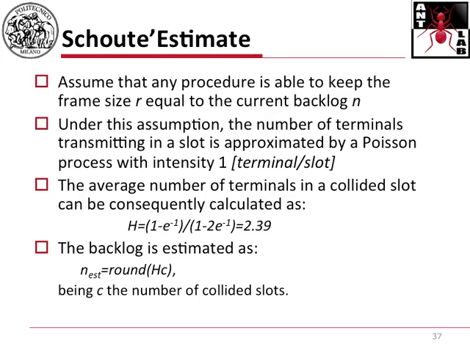Okay, again, this is the average number of terminals which transmit in a collided slot, given that the slot is collided. Then if I know this number, and I know the number of collided slots, I can find this estimate of how many terminals are still out there, the backlog, just by multiplying this h number by the number of collided slots, which is called c in this formula, and then rounding it up because the frame size must be an integer.